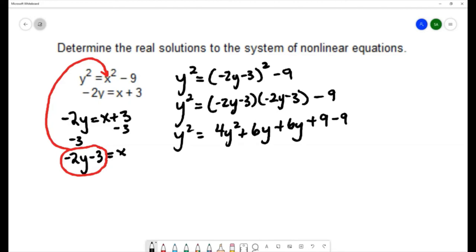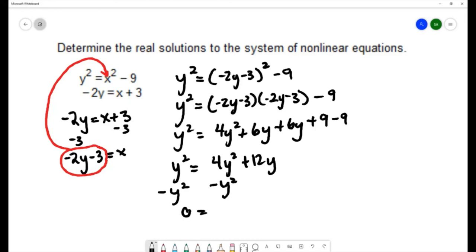I'll combine like terms to get 4y squared plus 12y. I'm going to move all the terms to the same side, so subtract y squared. And I have 0 equals 3y squared plus 12y. I want to solve this equation.